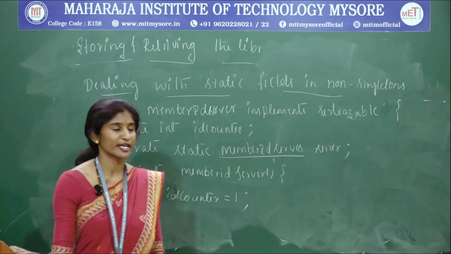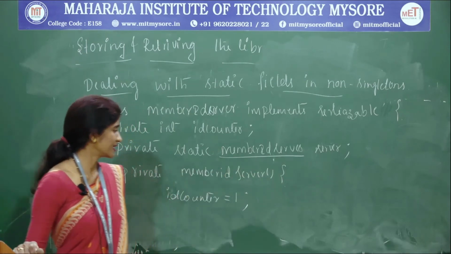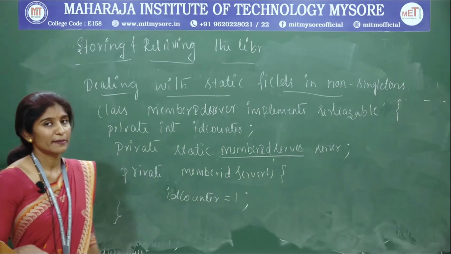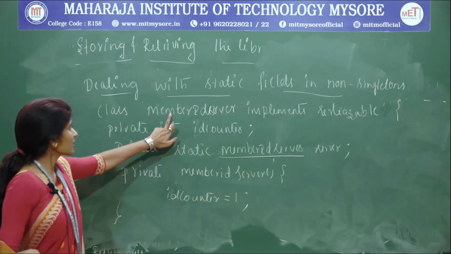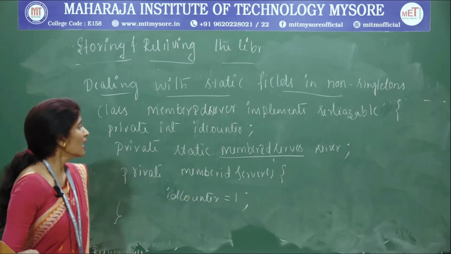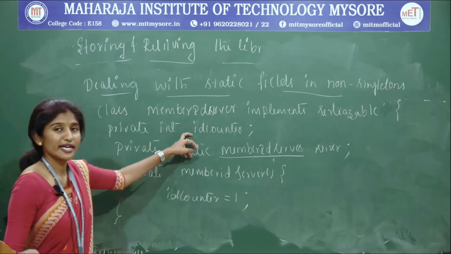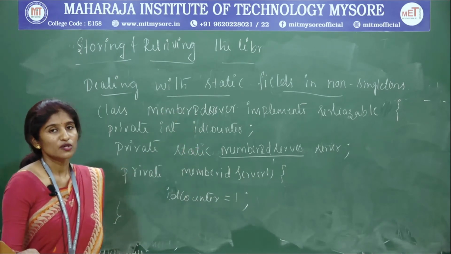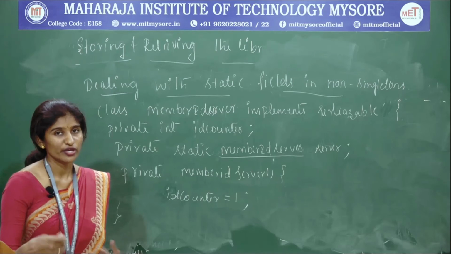Next, in the coding, I will explain how it is going to be updated. So very first, what is happening here is you have a class, MemberIDServer, which is going to implement serializable, and which maintains the ID variable called idCounter, which keeps on updating the counter value.